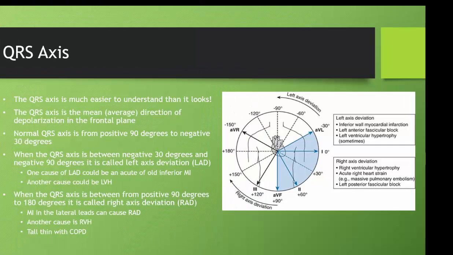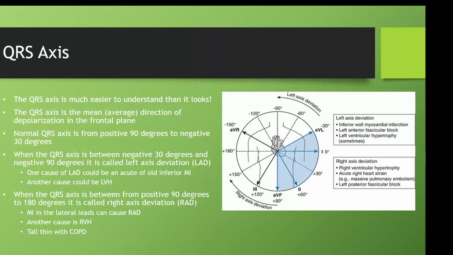I'm going to give you a little spoiler alert before we begin, just to let you know why we're going to go over QRS axis. An abnormal QRS axis can actually reveal some sort of cardiac disease, including a heart attack and its location. The QRS axis is much easier to understand than it may look here.